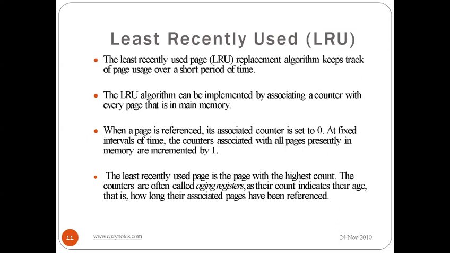At fixed intervals of time, the counters associated with all pages presently in memory are incremented by 1. The least recently used page is the page with the highest count. The counters are often called aging registers, as their count indicates their age, that is, how long since their associated pages were referenced.